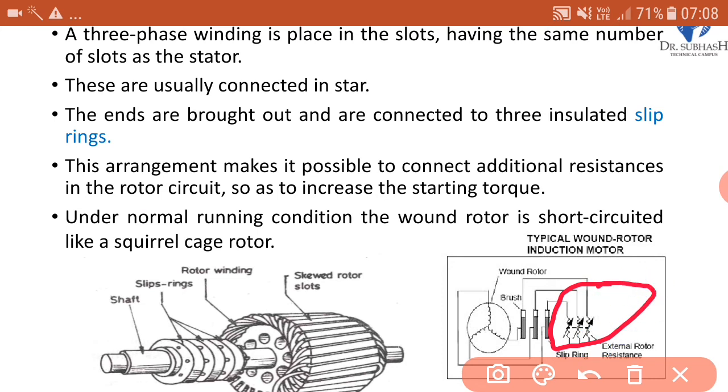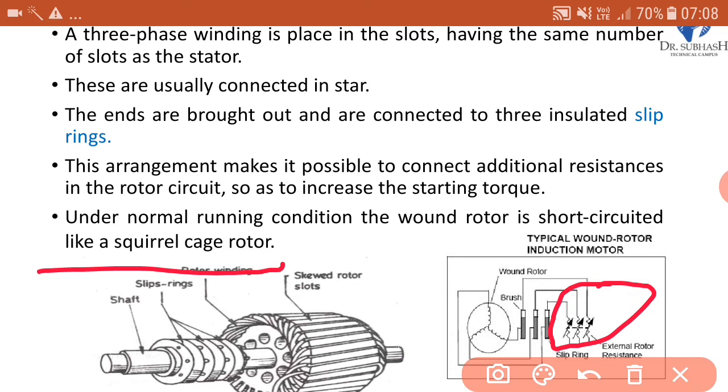An external rotor resistance is connected to the brushes, and the brushes are in contact with the slip rings. So we can vary the resistance of the rotor by varying the external resistance, and by varying the external resistance we can increase the starting torque. So this is the most important characteristic of the slip ring motor. Under normal running conditions, the wound rotor is short circuited like a squirrel cage rotor.